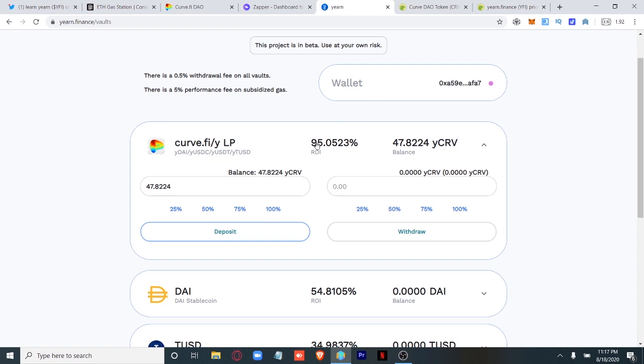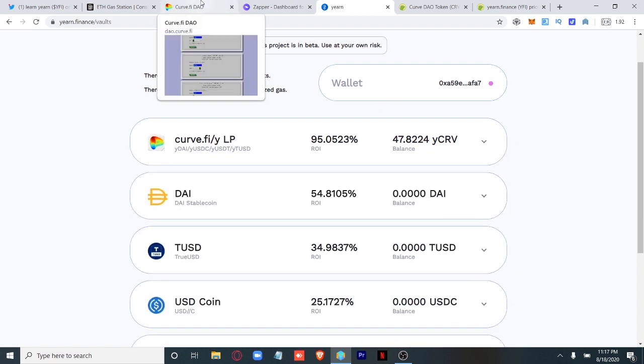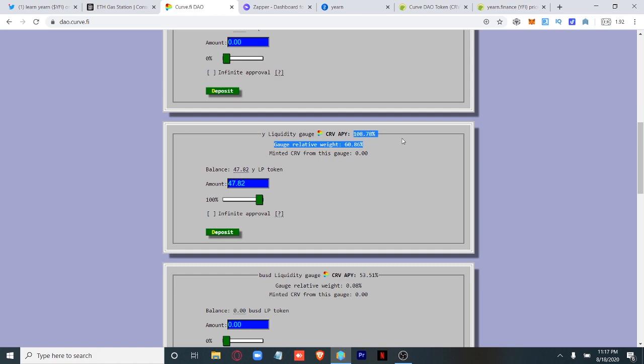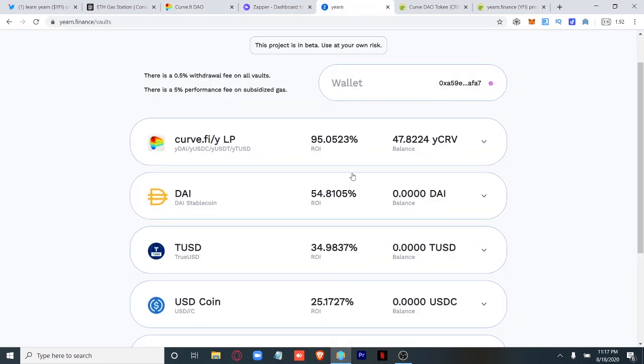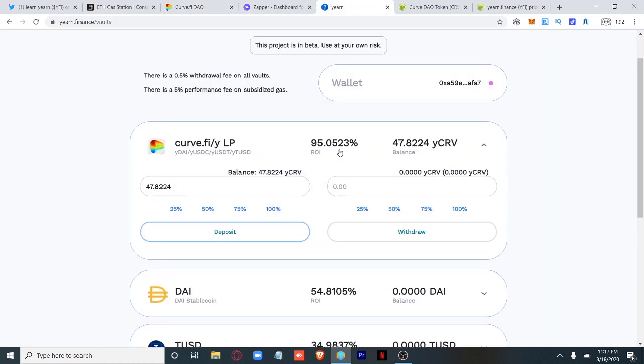Right now the ROI is around 95%. You may have noticed that it's around 108% here, but it really doesn't matter because they're giving you the option of convenience. You have convenience, no stress at all. You just have to keep on Twitter. You have to just keep looking at the updates made by the Yearn team. That's all. So I really like their model here.